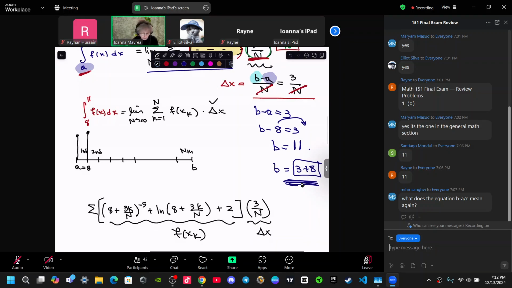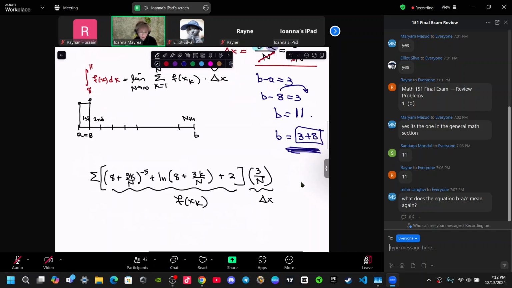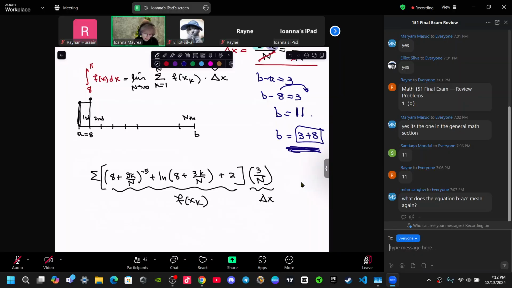Okay. So whether you choose the left endpoint each time as the height or the right endpoint each time, this f of xk is going to look a certain way, and you can tell which point they chose. So if I were to choose the left endpoint each time for the height, then my first interval will have area, well, let's see, the base, which is delta x, times the height, which is going to be f of a, and a is 8.